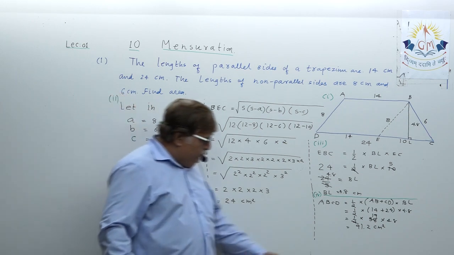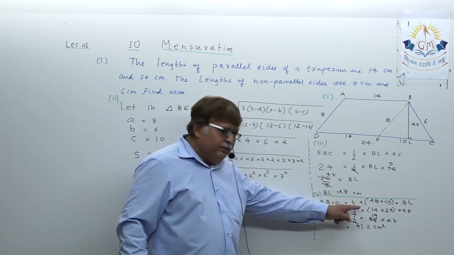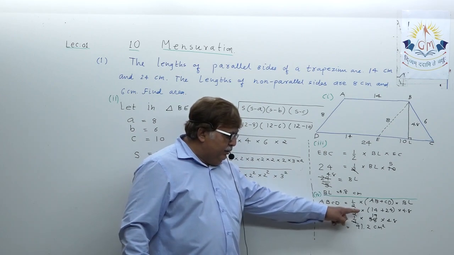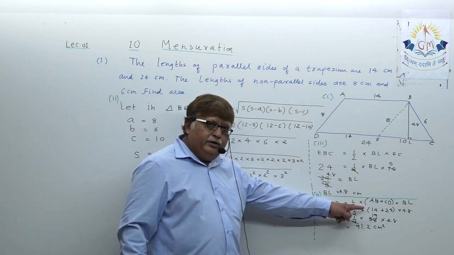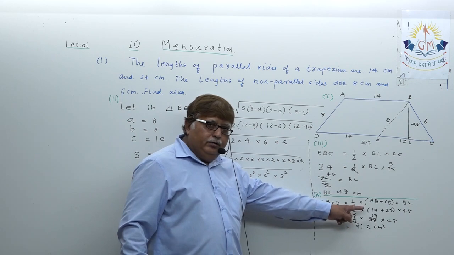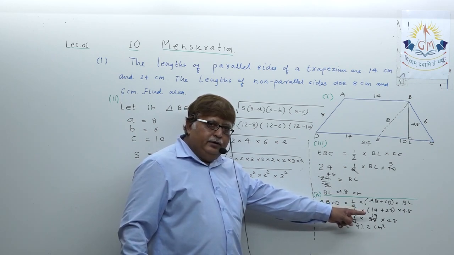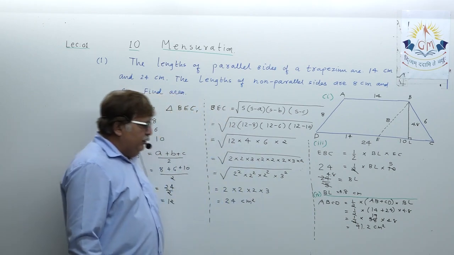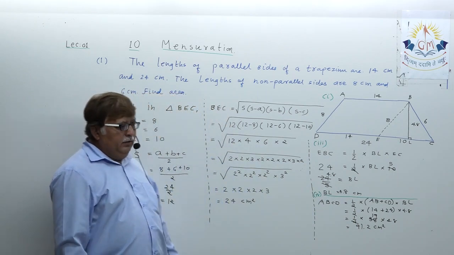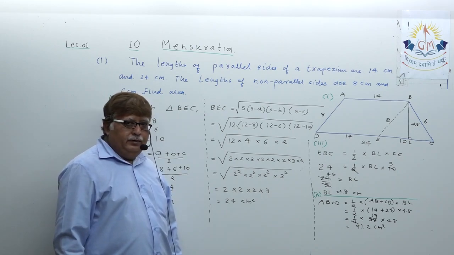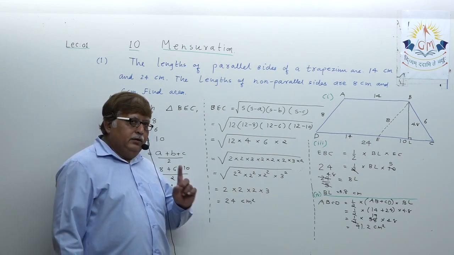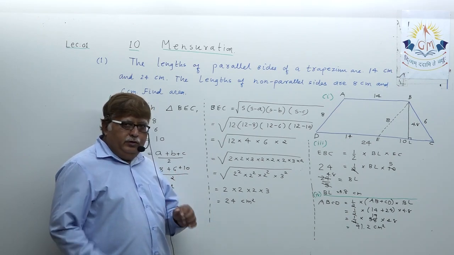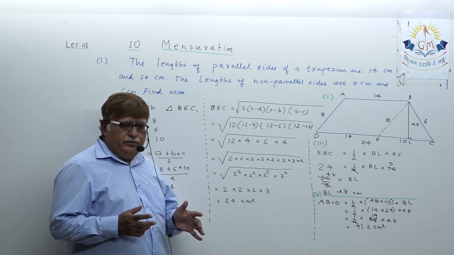Here I made some smaller writing: half 14 plus 24 into 4.8, half into 38 into 4.8 to 19 ja, 19 into 4.8, 91.2 centimeter square. Is it clear in your mind? So my dear student, one more example just now, because this is a revision lecture.